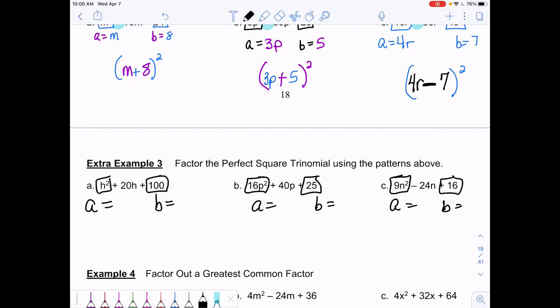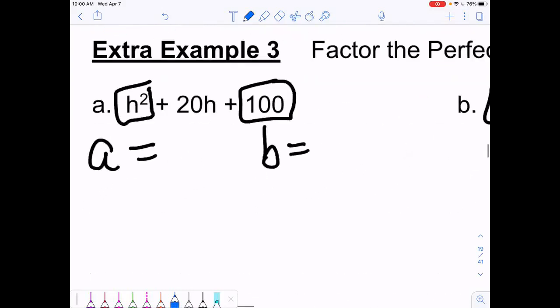Peyton, for letter A, can you tell me what A and B are? It says H squared, so A would be H. And then B would be, I think 50.